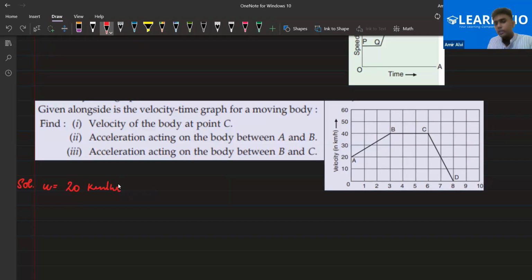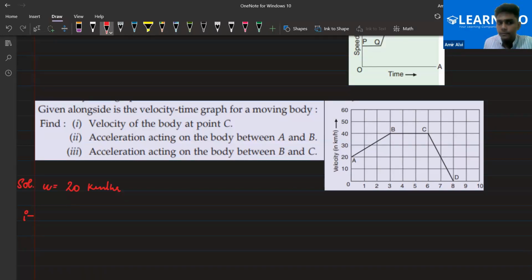Okay, that's great. So this is the initial velocity, right? Because this is a graph, it has some motion going on, so we will find out the other things one by one. Now the first part: the question is asking what is the velocity of the body at point C? Everyone, from point A to B, what kind of motion is it, Sarah and Farhan?